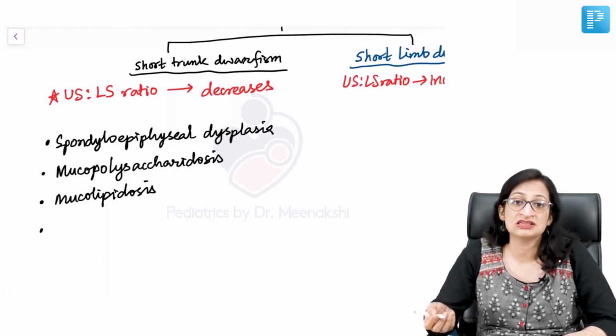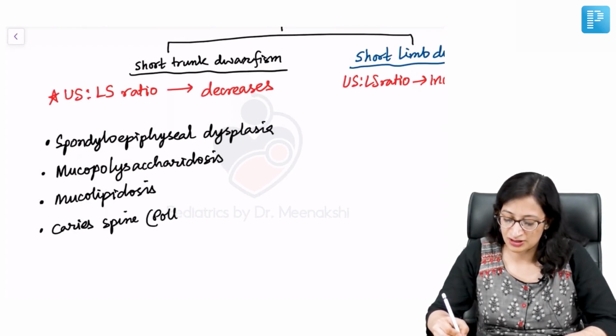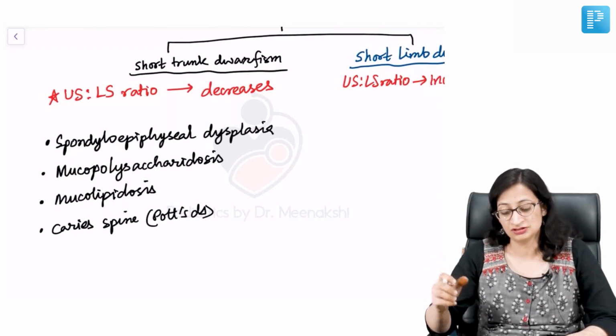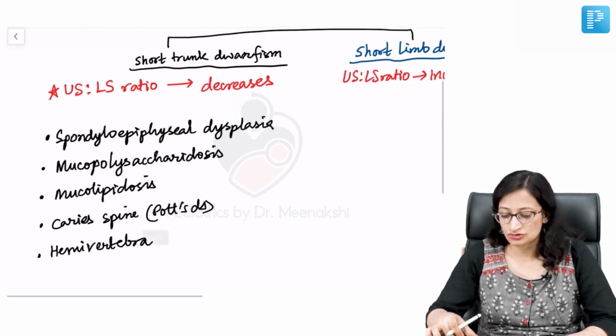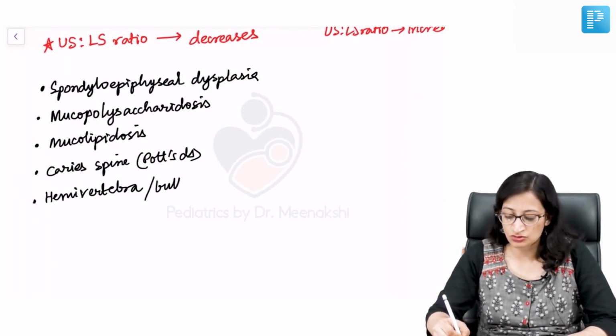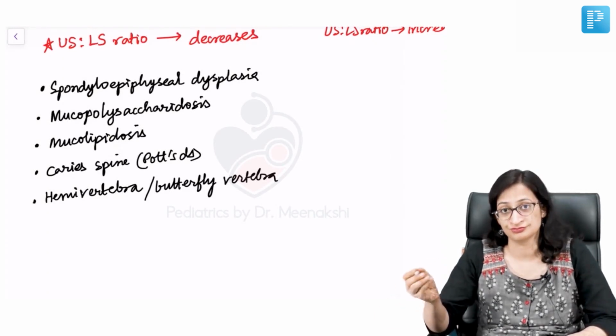Then if the child has Caries spine or TB spine or Pott's disease, then you can get short trunk dwarfism. Similarly, if the child has hemivertebra or butterfly vertebra, so any congenital vertebral defect can give rise to short trunk dwarfism.